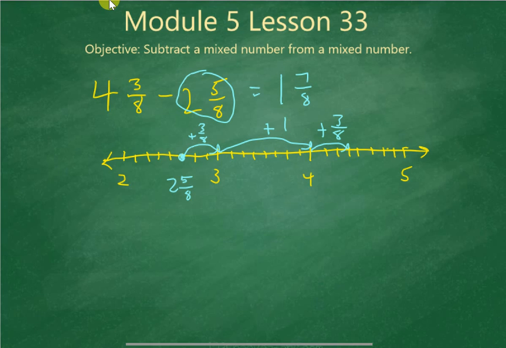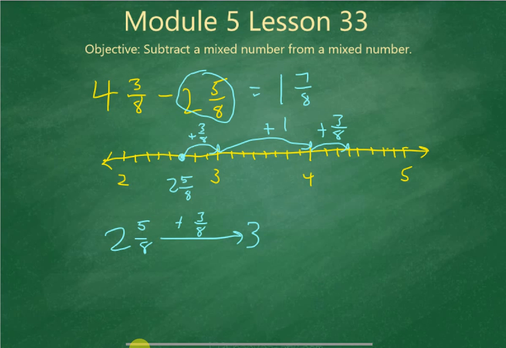Okay, and this counting up way, we can show the same way with the arrow method. It's exactly the same thing. We start at 2 and 5/8. We say, okay, how many more to get to 3? To get to the next whole number, which is 3, that's going to be plus 3/8.